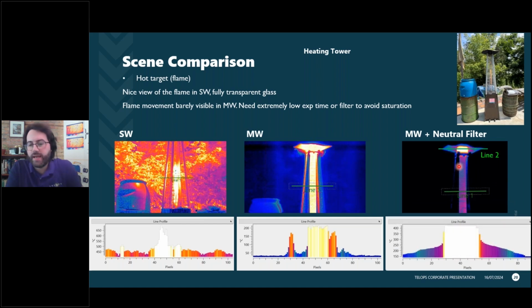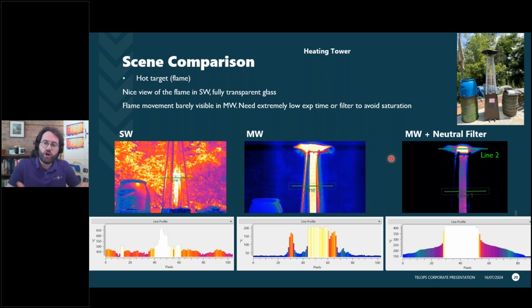So when we look at the top part of the heater, where we can still see some of that smoke happening in midwave, using the neutral filter or not, we have that high temperature aspect. We knew that the temperature would get up to 600 degrees Celsius with the shortwave, but that neutral filter that looks like it's taking away a lot from your scene is still plateauing when you're looking at the hottest part with the midwave.